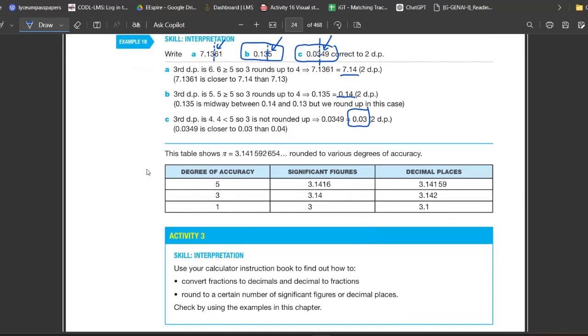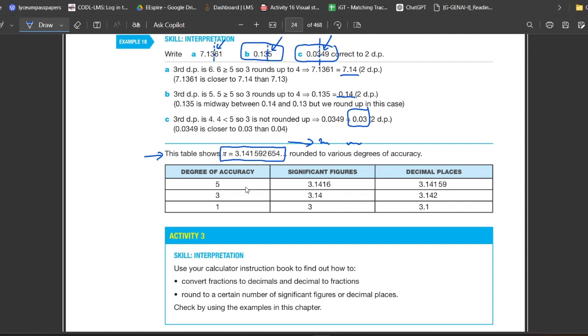So here's another example. This table shows 5 value, you know. This is a never ending decimal number. So we are still finding this is a never ending decimal number.